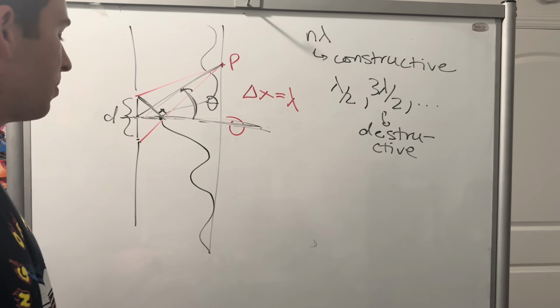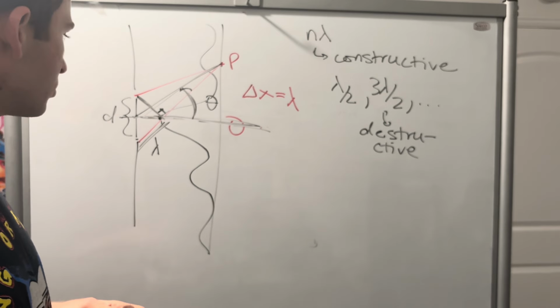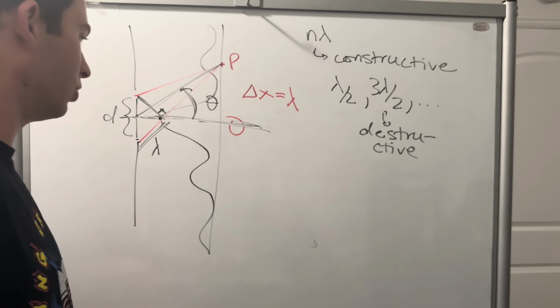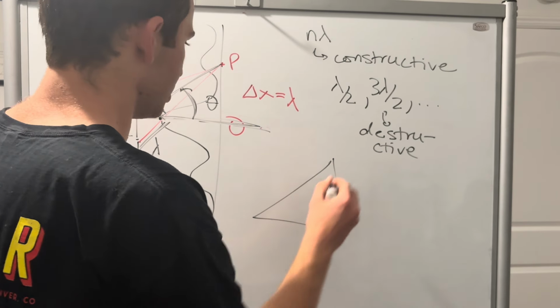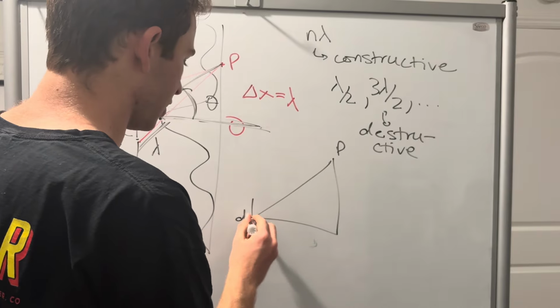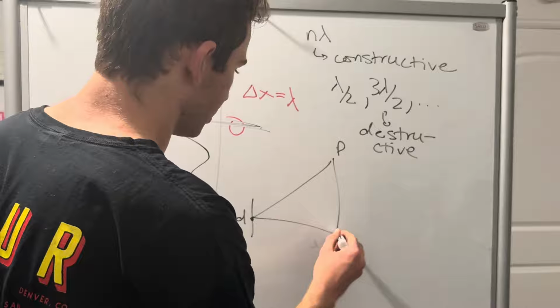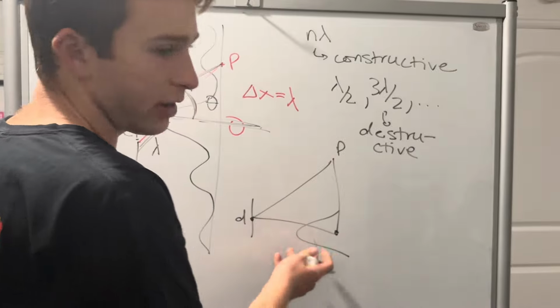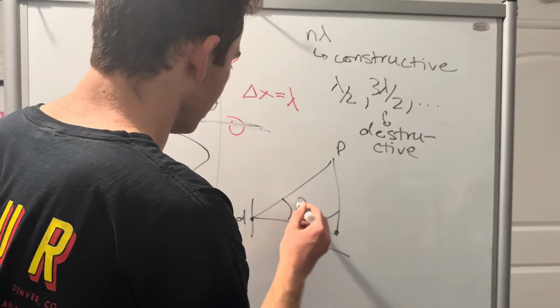To find the path difference, which we know right here is lambda, what we do is we construct a triangle. We say that this right here is point P. This is the middle of our distance between the slits. And then this is the point where the wave is the highest, where the intensity is the highest. We know this is theta.